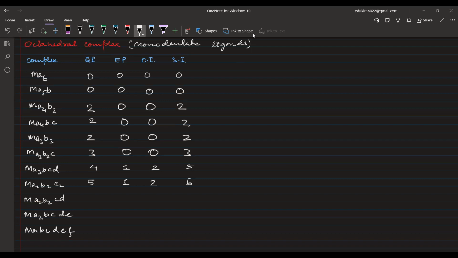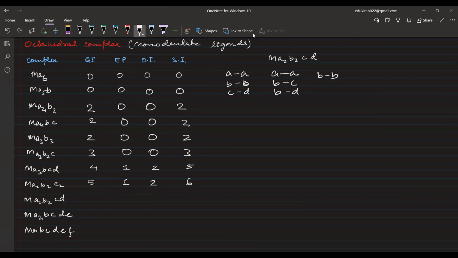So after this we have M, A2, B2, and CD. First of all, let us have AA trans and BB trans. Then you will have CD. The next one we can take is only AA is trans. In this case, we'll have BC and BD. Then we can take BB trans.